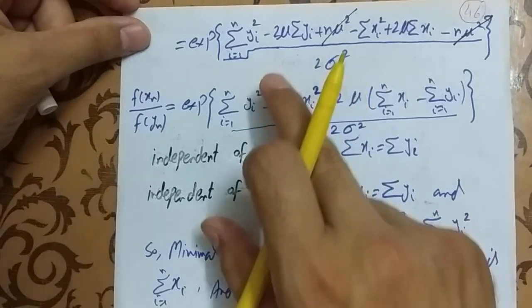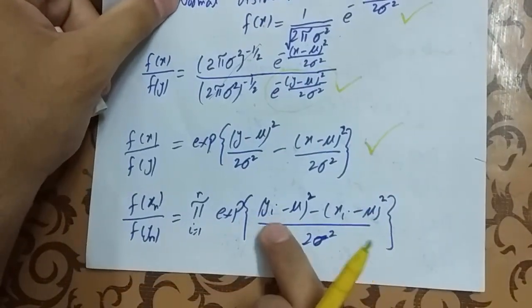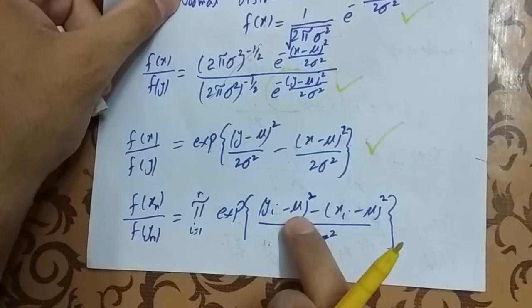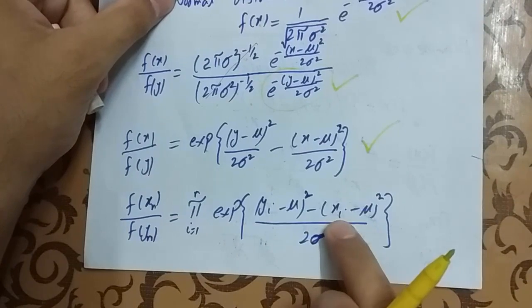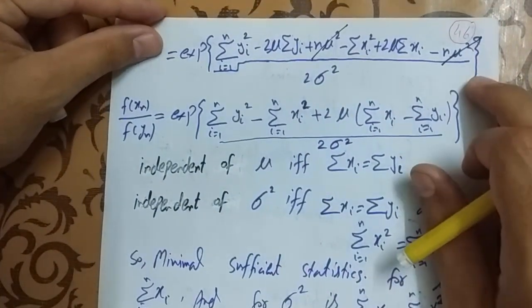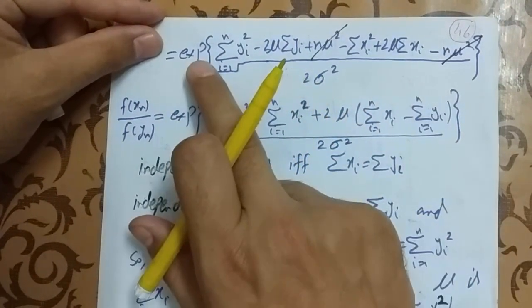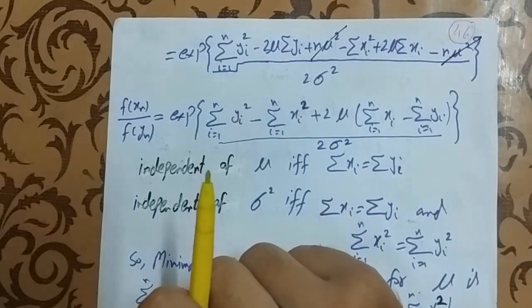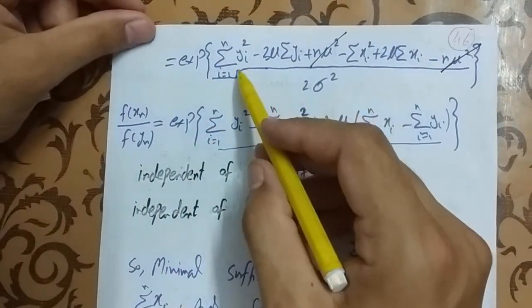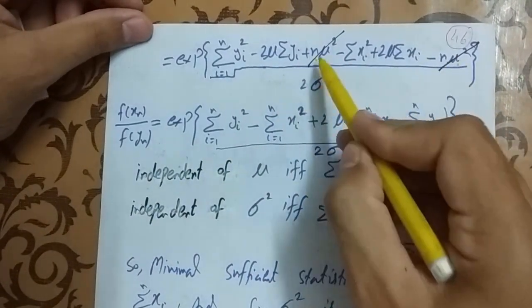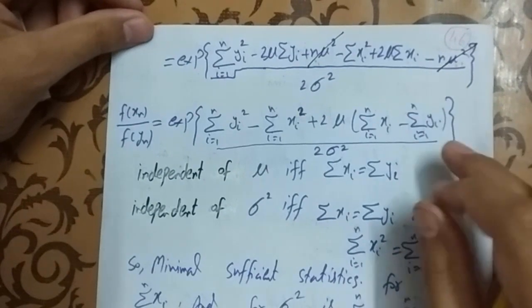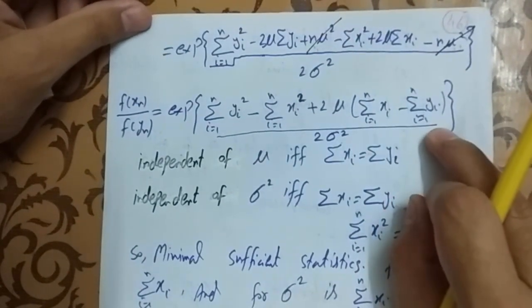If we expand xi minus mu whole squared and also yi minus mu whole squared, the result is the exponent of that, and these two cancel out and the remaining factor is this.